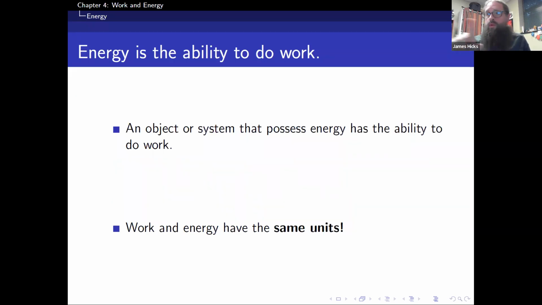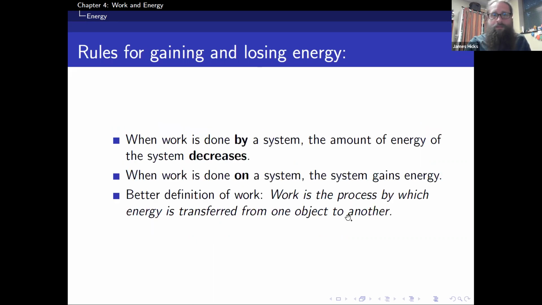The way that this ties into energy is that any object or system that has energy has the ability to do work. Energy and work are very, very similar things, so similar that they have the exact same units. Whether or not something does work or has work done on it relates to whether it gains or loses energy.